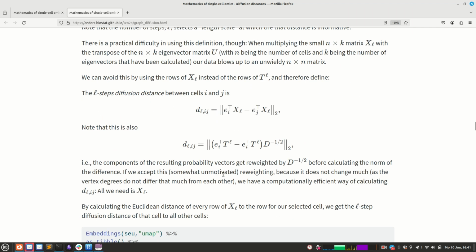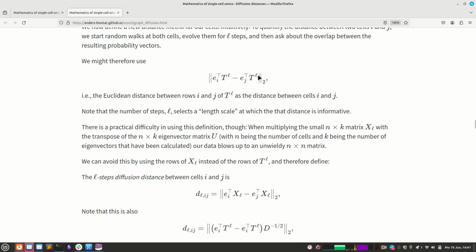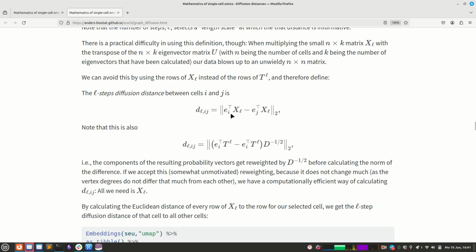And that was this idea of Coifman and Lafon: instead of using this as the distance, we use this as the distance, where we only calculate up to X_L, which is the same as calculating the full transition of L steps, but weighting the individual components according to the square root of the vertex degrees. That changes the Euclidean distance a little bit, but probably not too much.